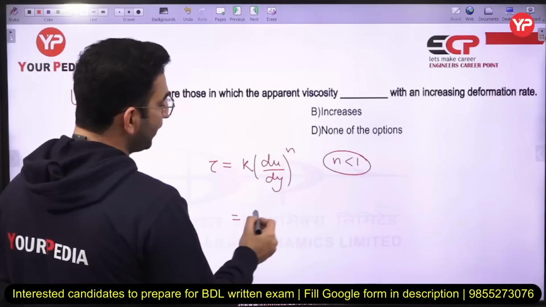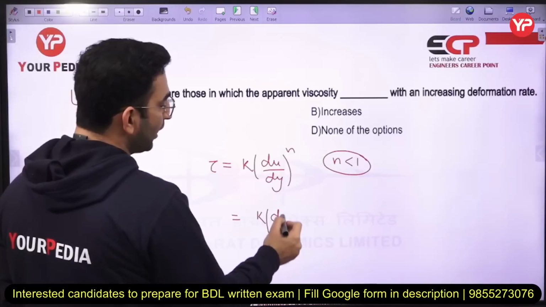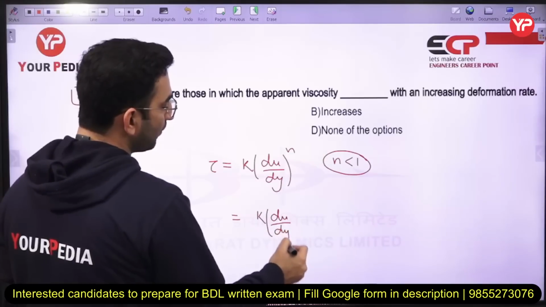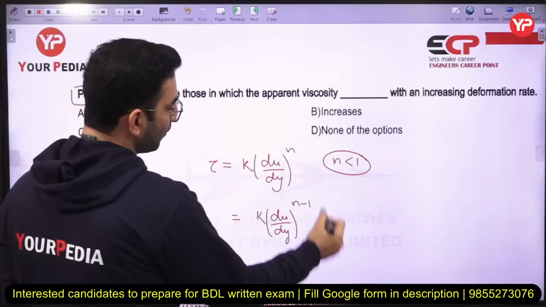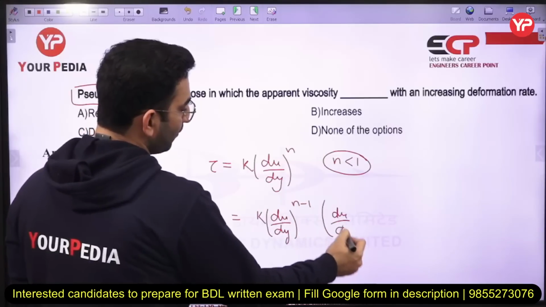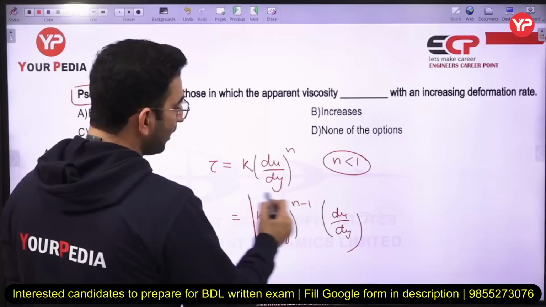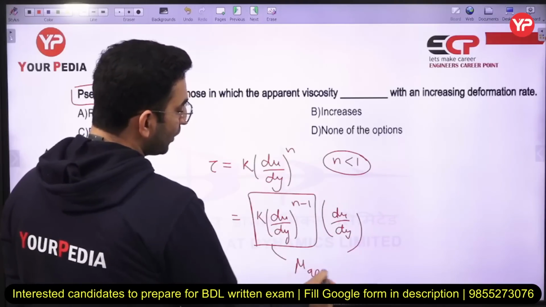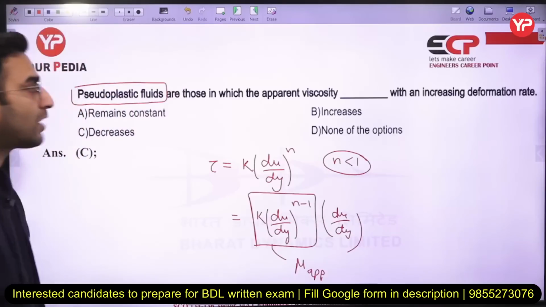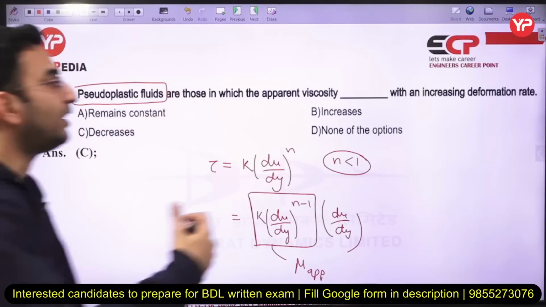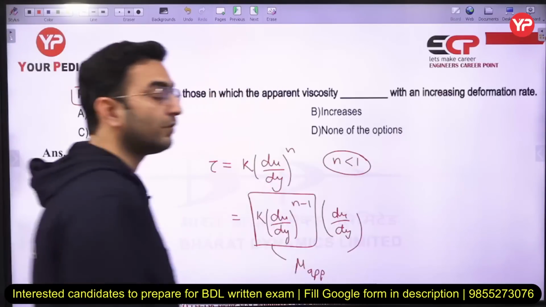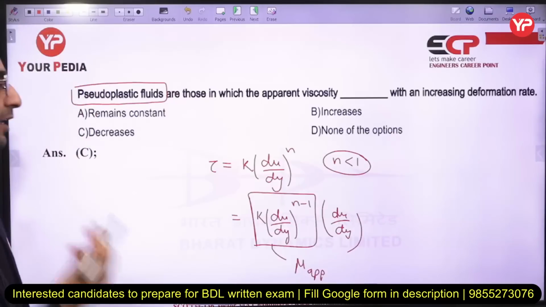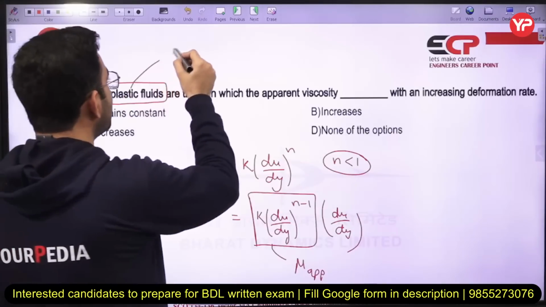If you rewrite the formula for the apparent viscosity, it will become this one here. So this term is known as the apparent viscosity here. The characteristic of pseudoplastic fluids is that whenever you increase the deformation rate, the corresponding viscosity decreases. That is why these fluids are also known as shear thinning fluids here.